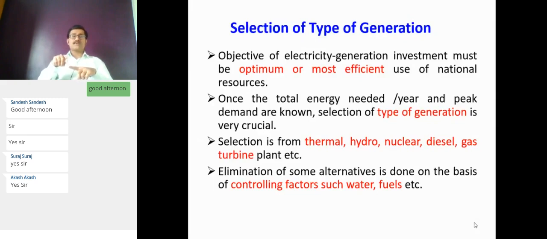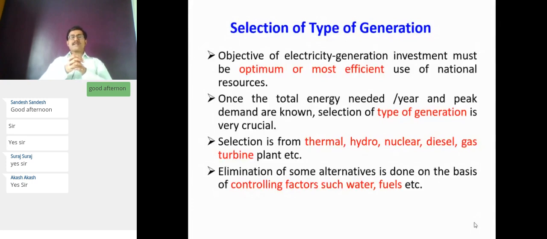That is one point, which will help us to decide the installed capacity of the power plant. Peak demand or the maximum demand is known. And second is how much energy must be generated. It means for how much duration in a year you need to run your plant. So that way these two points can be correlated.